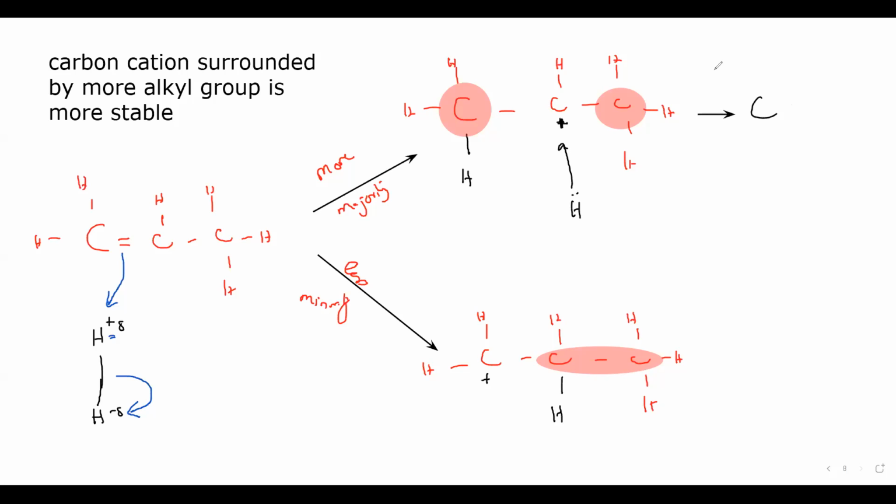So it will be 1, 2 and 3 carbon atoms. This will be CH, H, H, H, and this will be hydrogen as well. The two hydrogens which are attached.